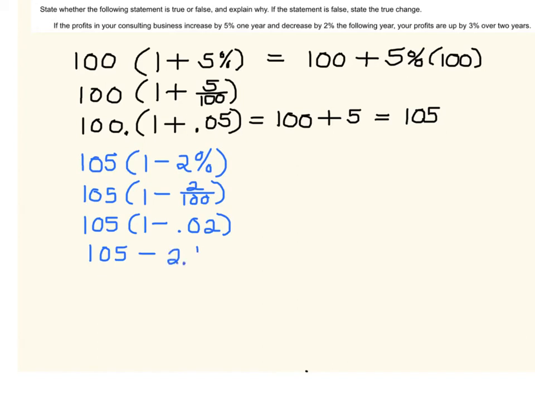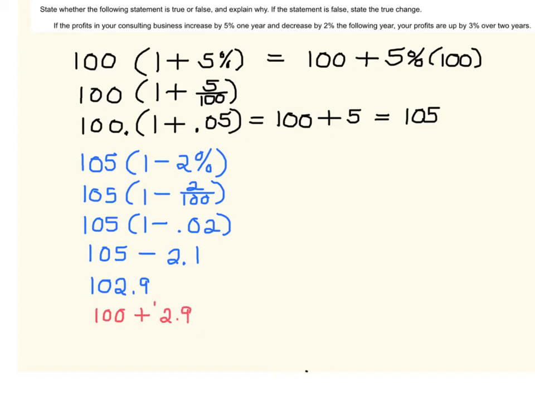And now if we subtract 105 minus 2.1, we get 102.9. And 102.9 is equal to 100 plus 2.9.